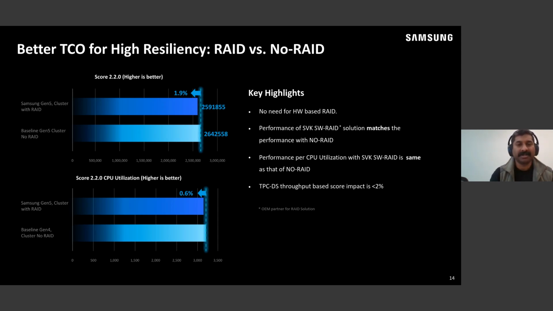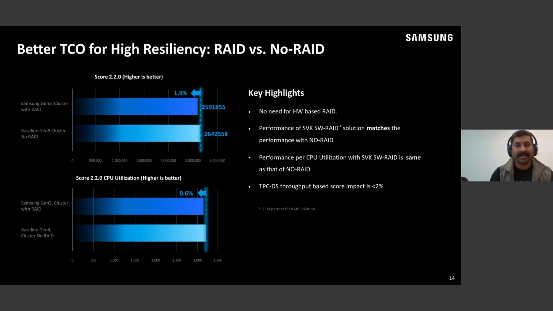The performance hit is just below 2%, and more importantly, when we look at the CPU utilization, it's almost the same. We took a couple of readings, and the performance per CPU utilization was always under 1%. So virtually there is no impact on the CPU.